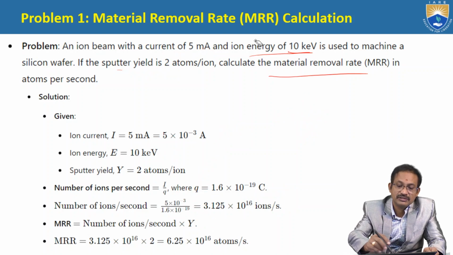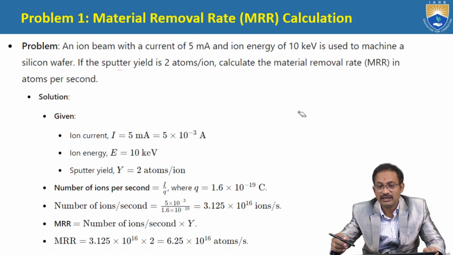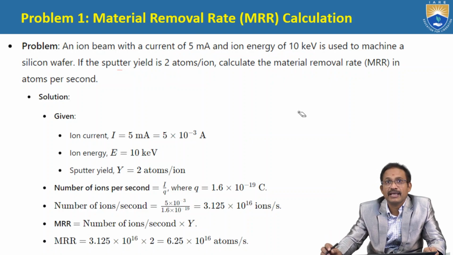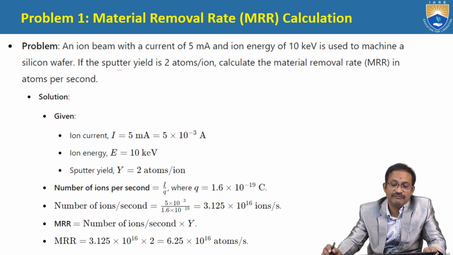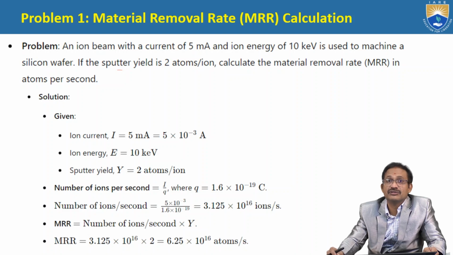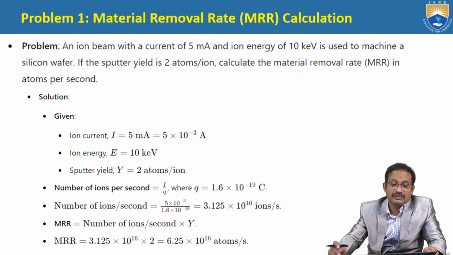Sometimes the data may not be useful to calculate the material removal rate. Usually we feel that since the ion energy is given, we may get something from it. But we have to focus on the concept and the relevant parameters. Then only will we be able to solve the problem appropriately.